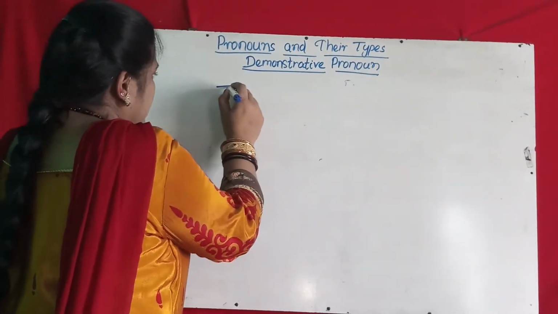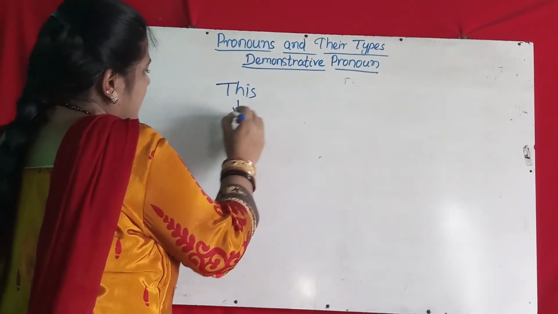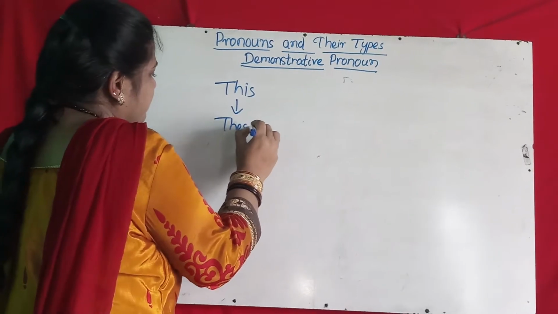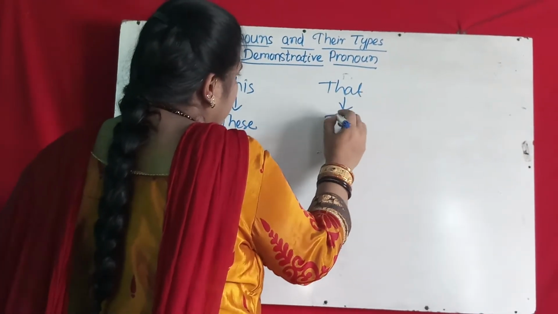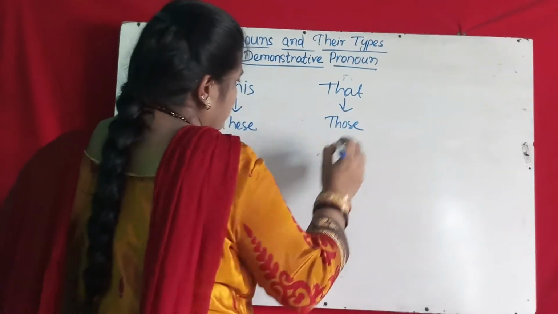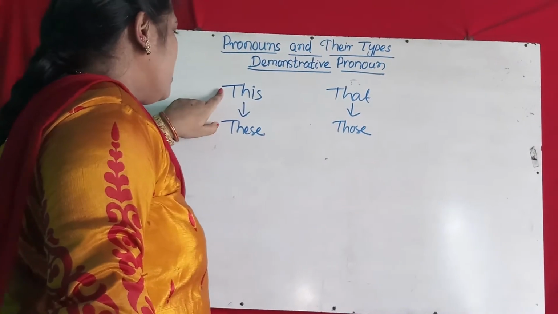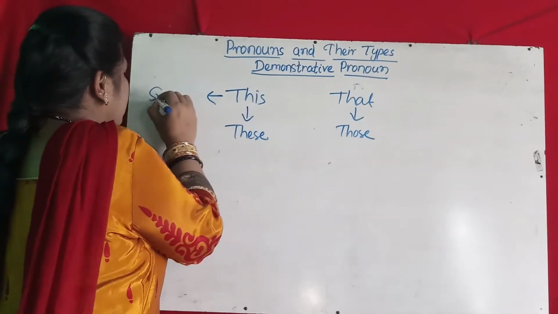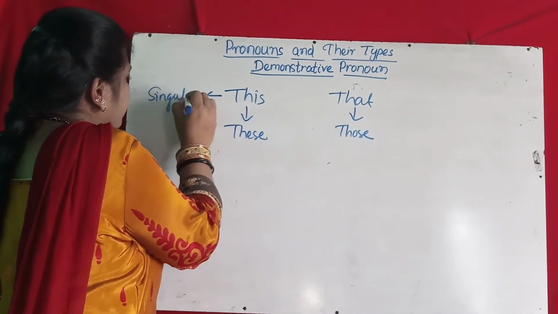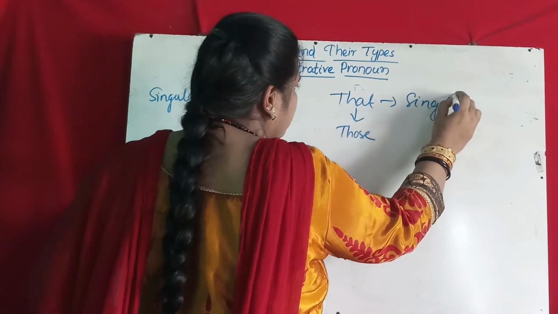One is this, and its plural is these. Another is that, and its plural is those. This is used for something near to you, and it is singular. That is also singular.